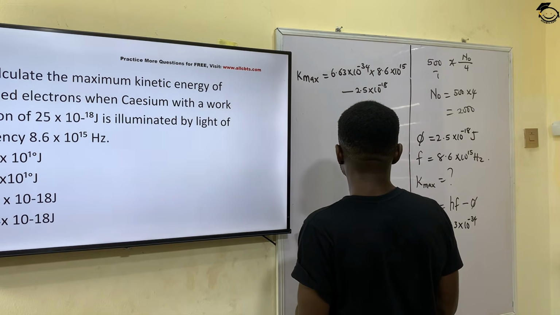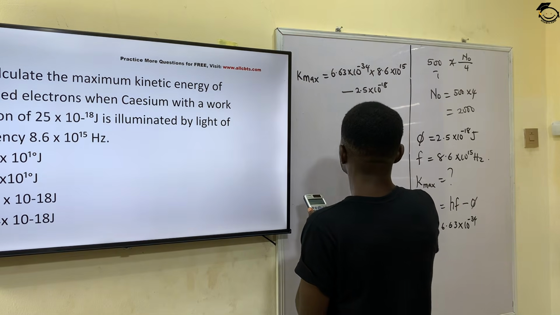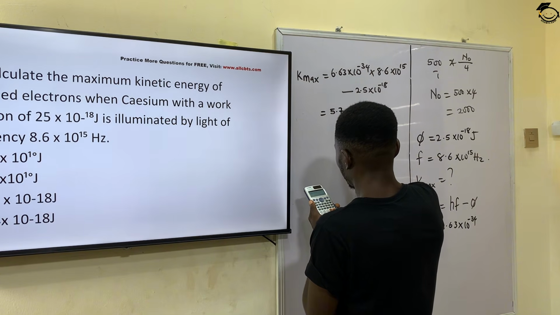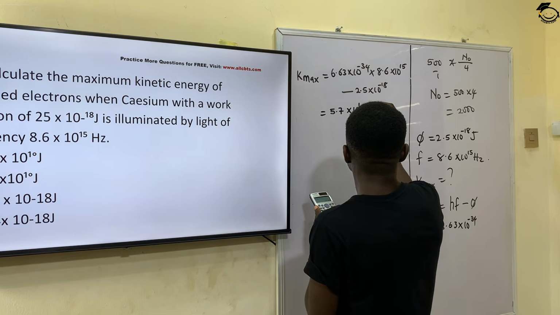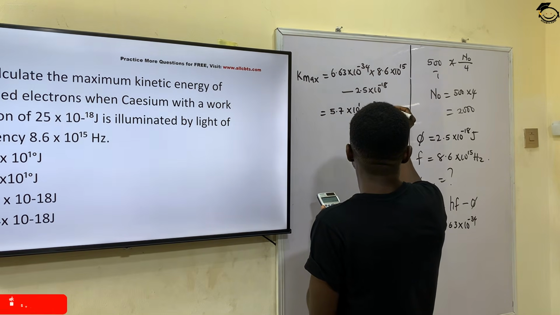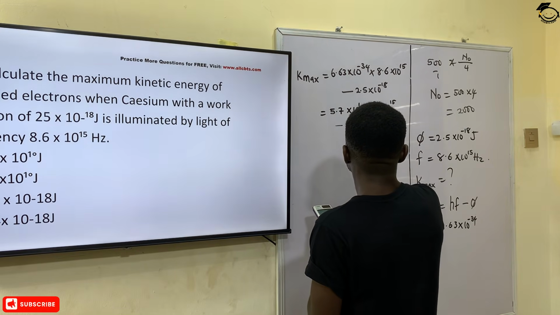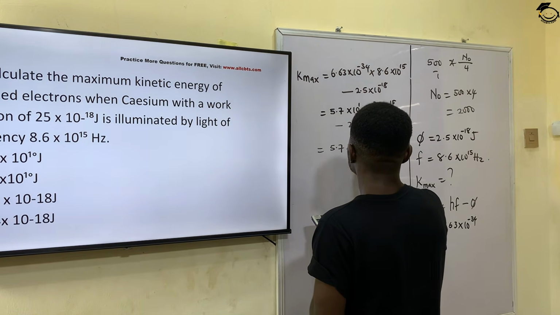So I have 6.63 times 8.6, which gives me 5.7 times 10 raised to power 1, times 10 raised to power minus 34, times 10 raised to power 15, minus 2.5 times 10 raised to power minus 18. So I will have 5.7 times 10 raised to power minus 34 plus 16.